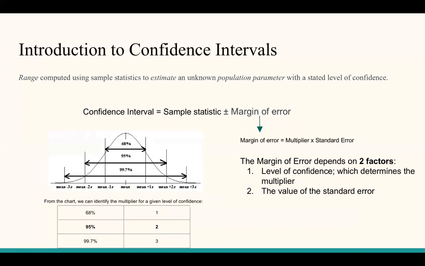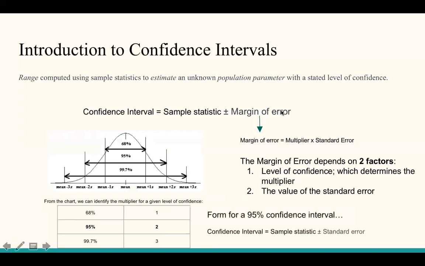That multiplier I think is 1.96, but we just rounded up to 2. So if you were finding a 95% confidence interval, your multiplier would be 2 times the standard error. The multiplier is just based on the empirical rule, depending on what percent level of confidence you want.